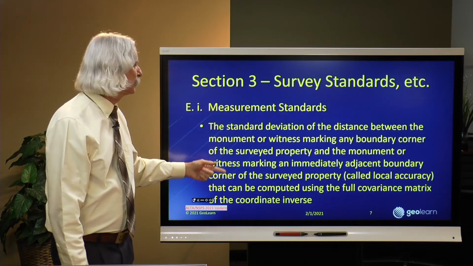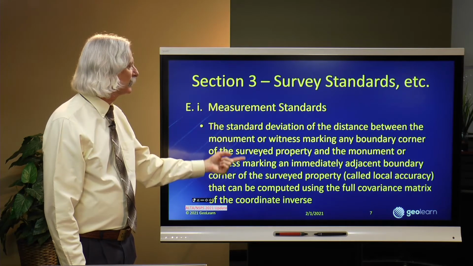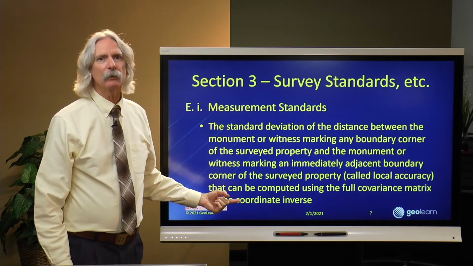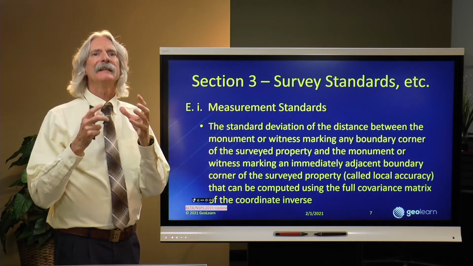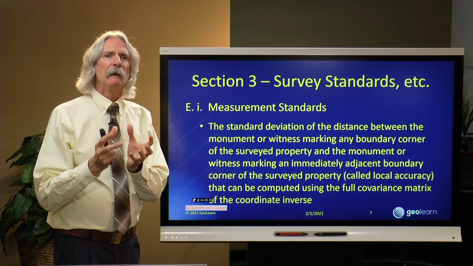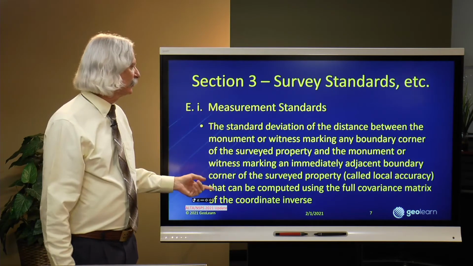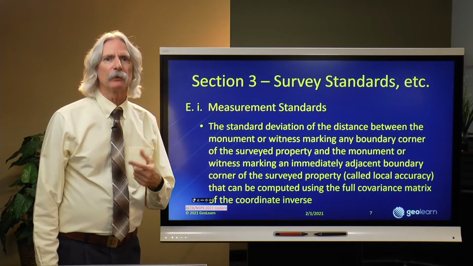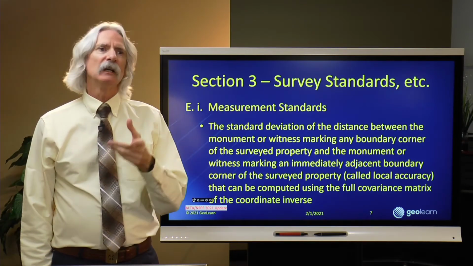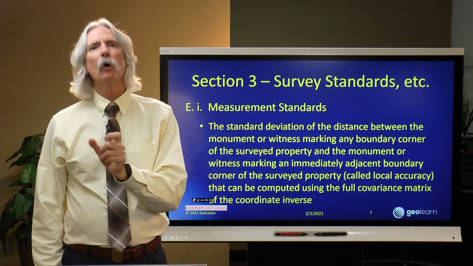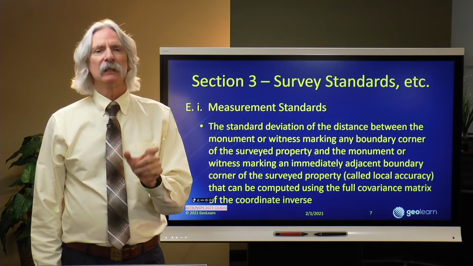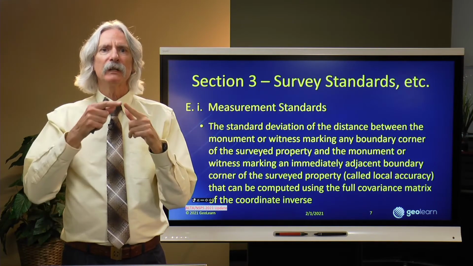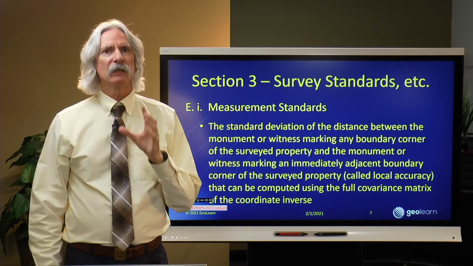And then we provided an option, which is a good option, not that anyone's going to do it, but it nails down our definition better by saying that you could also estimate the results of your relative positional precision by using the full covariance matrix of the coordinate inverse between those adjacent points.